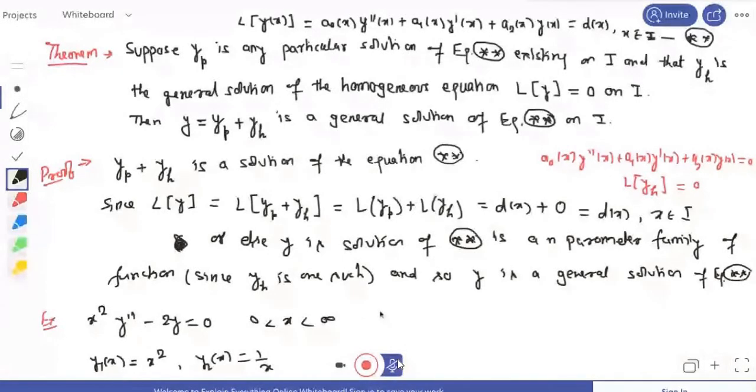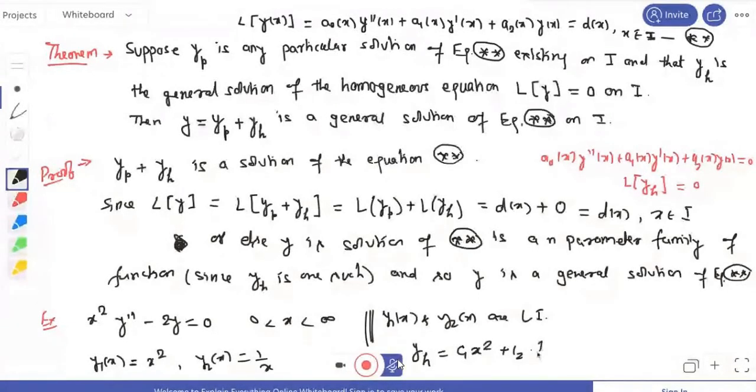So if these two, y1 x and y2 x, are linearly independent solutions of this, you can write the homogeneous solution of this as c1 x square plus c2 of 1 by x.